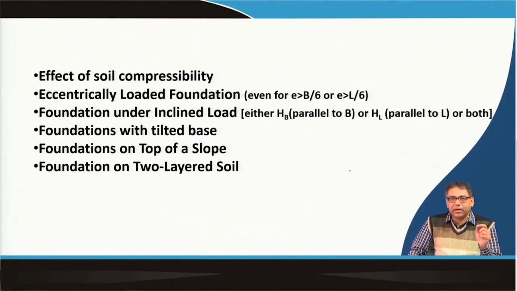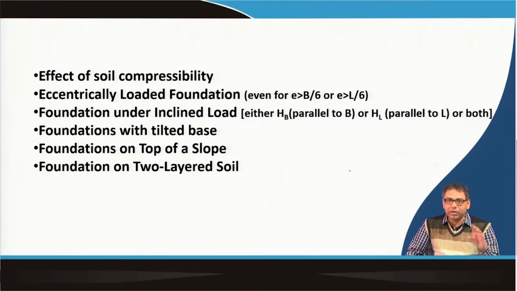In our bearing capacity equation, we generally discuss that the load is inclined with the vertical at some angle alpha, but we never discuss whether the load is parallel to the width B or the length L of the foundation.